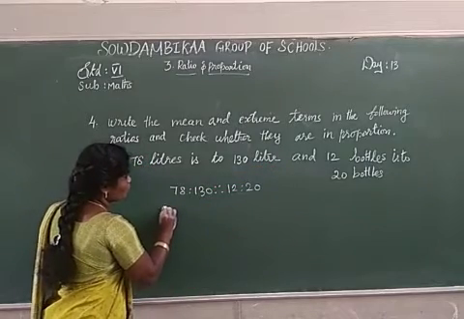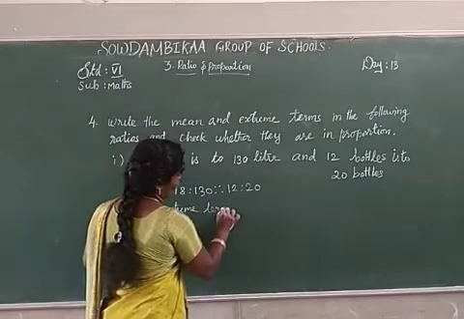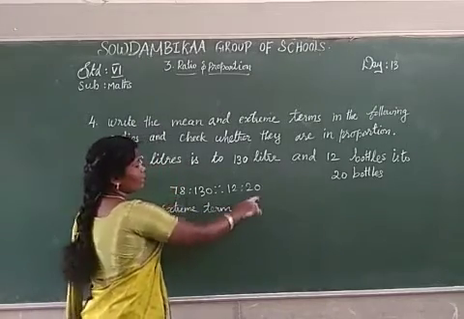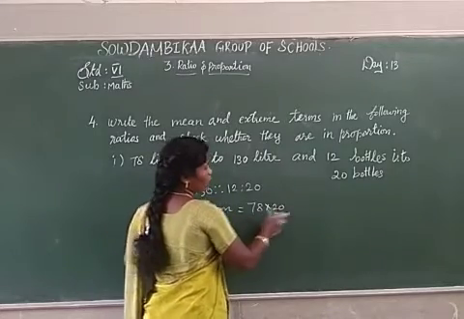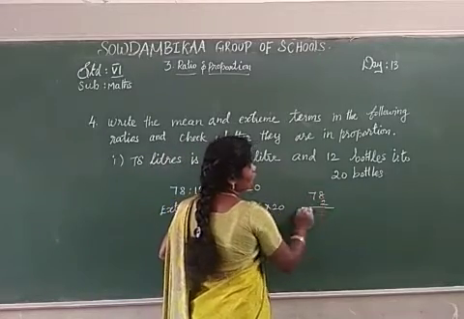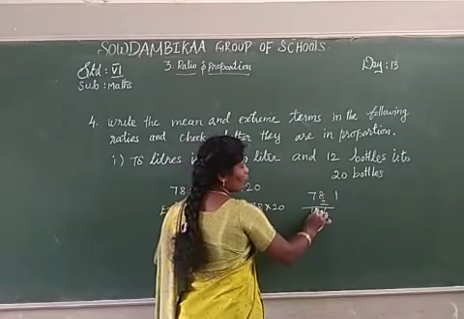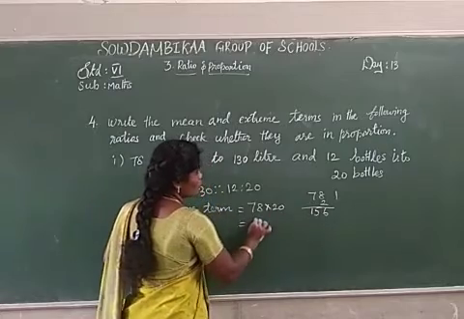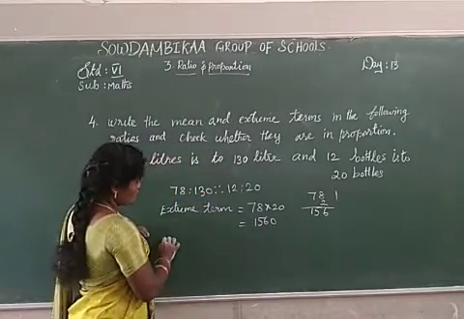Now what is the extreme term? 78 into 20. Multiply only the numbers. 78 into 2: 8 2s are 16, 6 remaining 1. 7 2s are 14, 14 plus 1, 15. How many 0s remaining? 1 zero. Now add the zero. The answer is 1560.